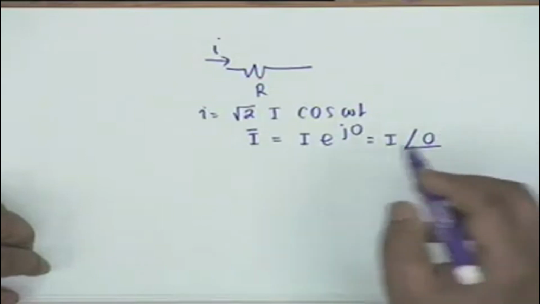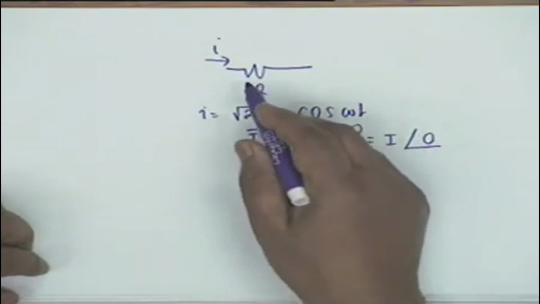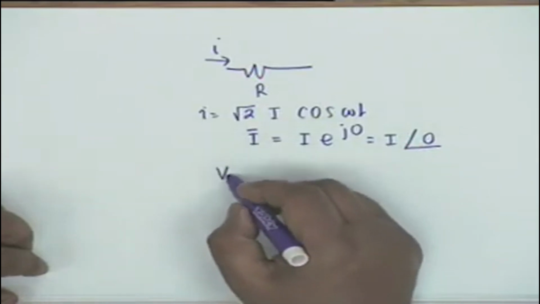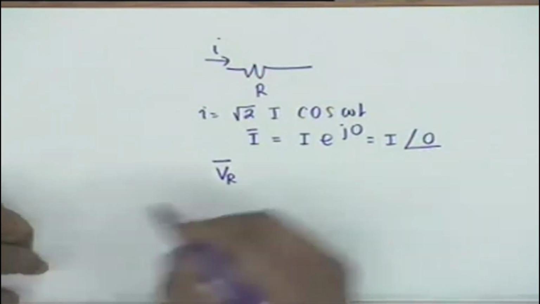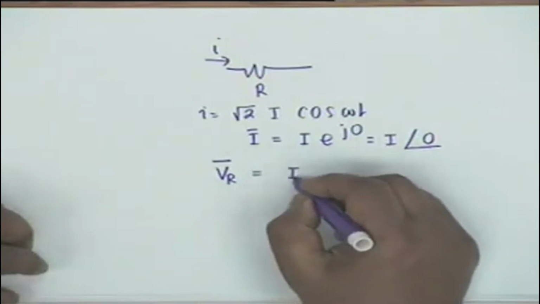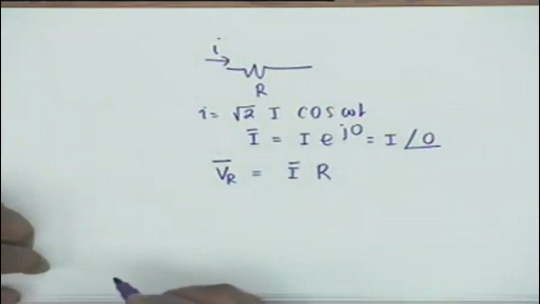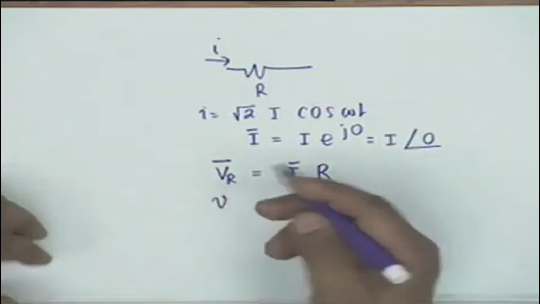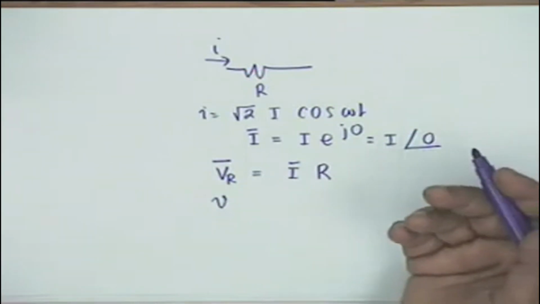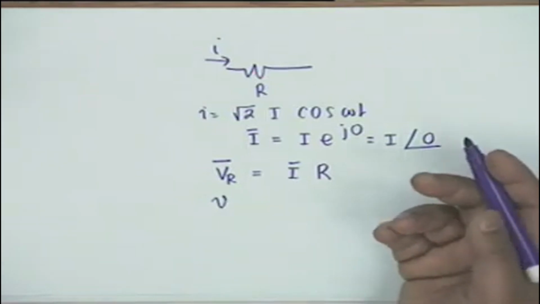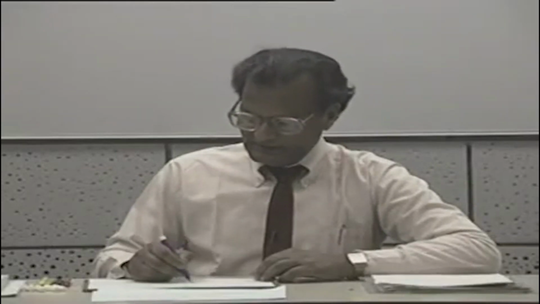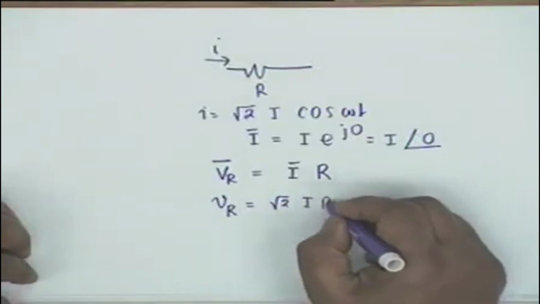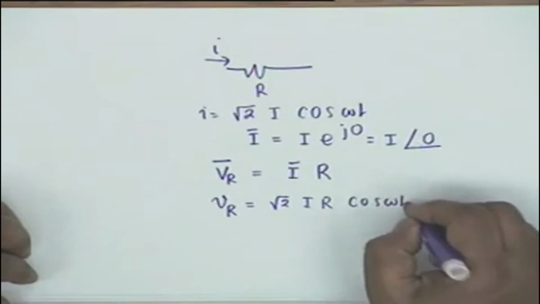Now if this passes through a resistance R, the corresponding voltage phasor VR shall be simply I times R. You must be able to go back and forth between the time domain and the complex number domain. The actual voltage shall be equal to root 2 I R cosine of omega t.